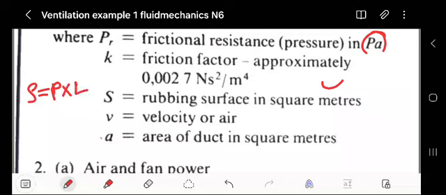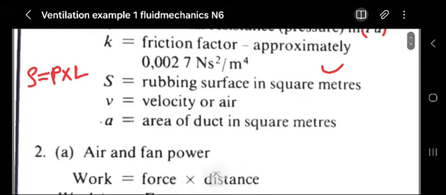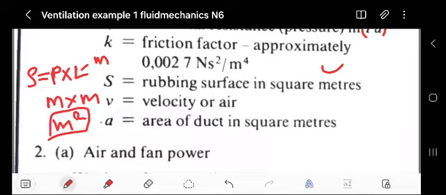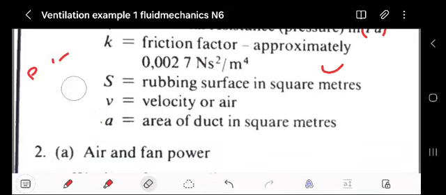Perimeter is measured in meter, and the length is also measured in meter. When you multiply meter by meter, it will be meter squared. That is why it is meter squared. That is the rubbing surface, right?